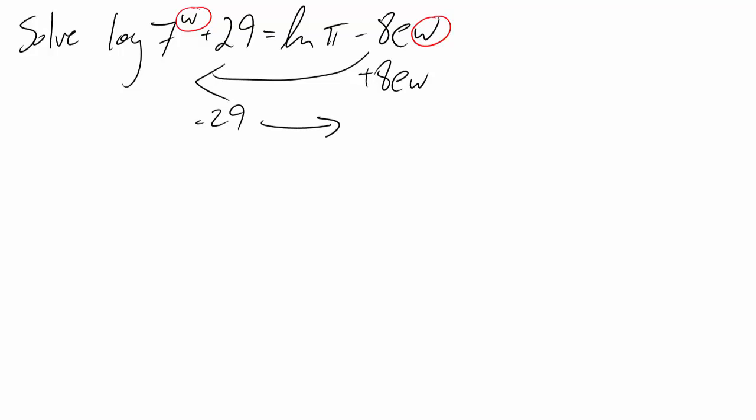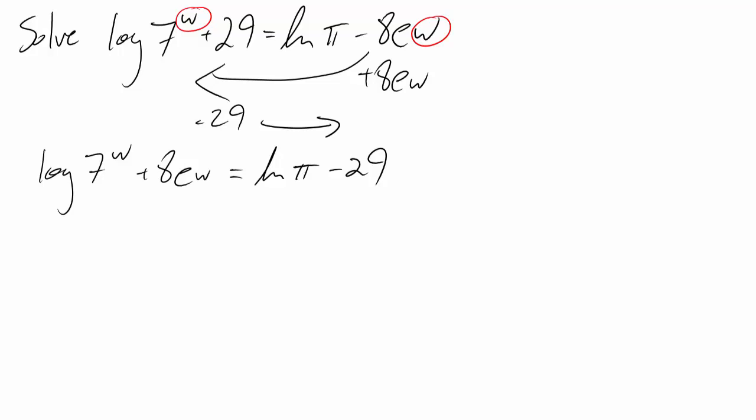That leaves us with log of 7 to the w plus 8EW to equal the natural log of pi minus 29. Okay, so we have a variable in an exponent, and we also have a variable that's down in the position we're used to seeing.